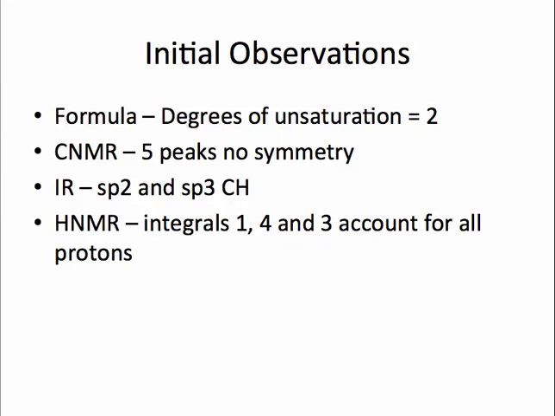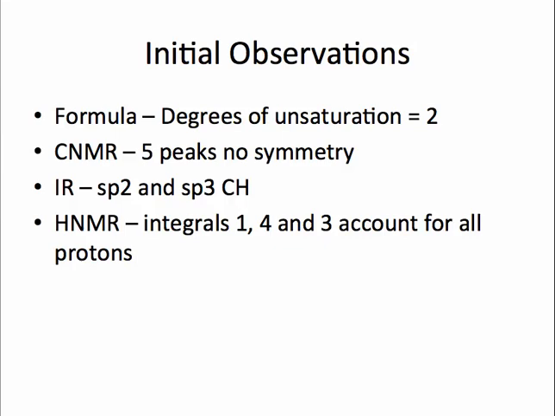The formula C5H8 allows us to denote that the degrees of unsaturation is equal to 2. There are either 2 pi bonds or a pi bond and a ring or 2 rings. If you'll recall back to the carbon NMR spectrum, it had 5 peaks in a formula of C5, which means that there's no symmetry.